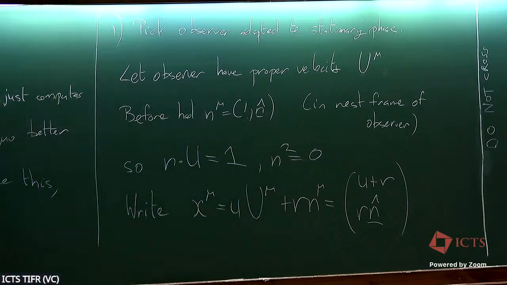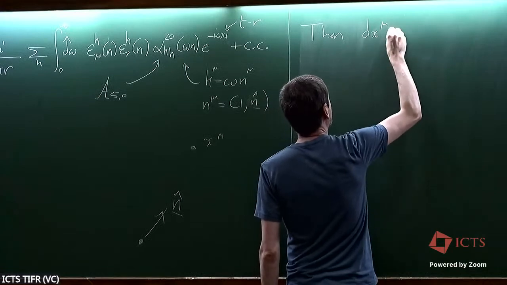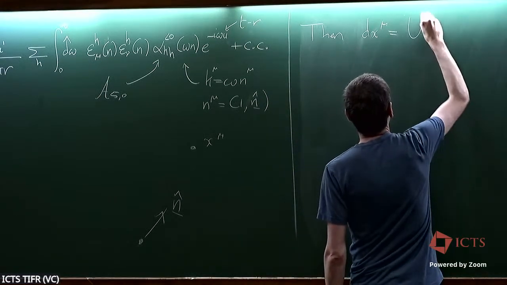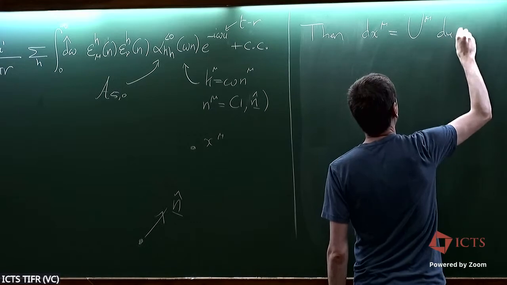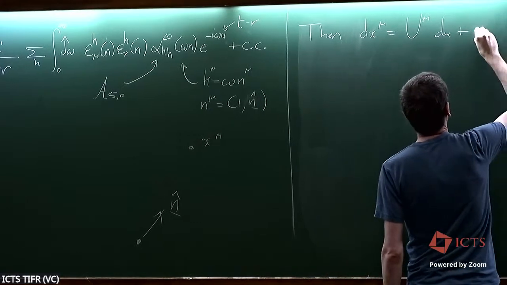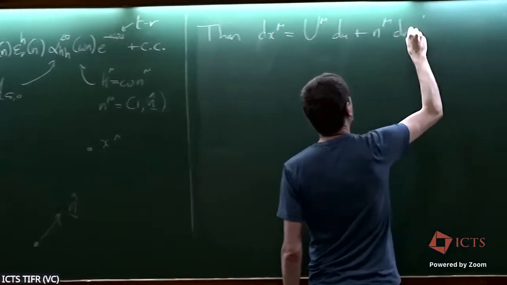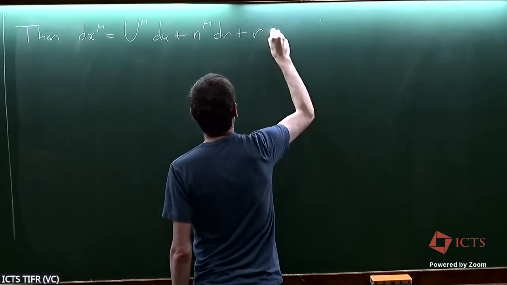Okay, now those are the coordinates. When we're talking about these metrics, it's useful to form h mu nu dx mu dx nu. So I'm going to compute d of these coordinates. dx mu will be u mu du plus n mu dr plus r dn mu.